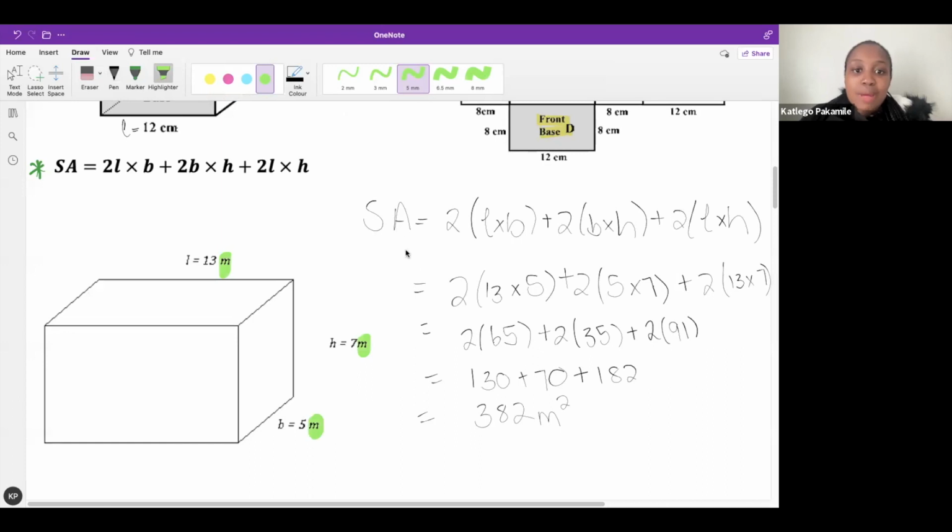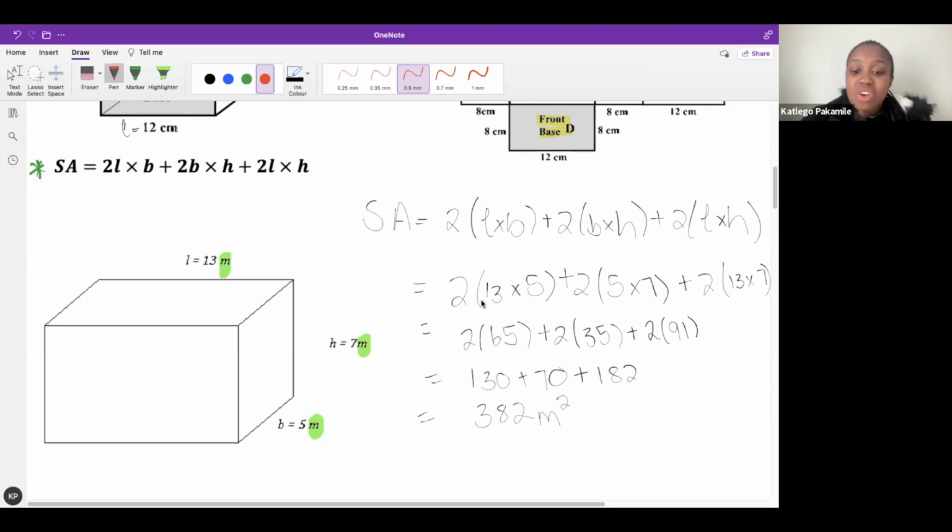Okay, so you guys might be thinking, why did I decide to write all of these values? Because as a mathematics teacher, if you go from here to there, you're going to lose every mark in between, including where you made mistakes. But if you substitute wrong by mistake, but you use that wrong value to carry through to your answer, you're going to get some marks.